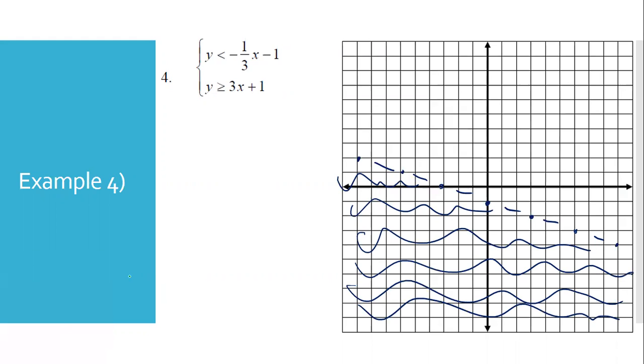And then your second piece should have started at +1. And then you've gone up 3 and right 1. And then reverse it. 1, 2, 3. 1, 2, 3. And then it's also a dash. It's solid, not dash. I knew that. And it's shaded above. And you should be in quadrant 3 and a little bit of quadrant 2.